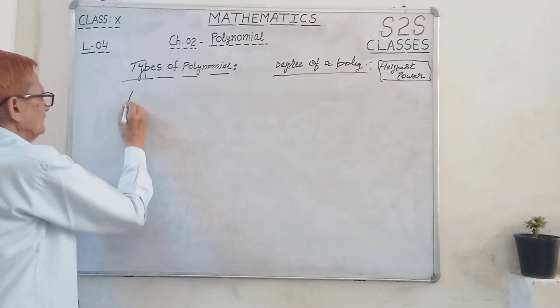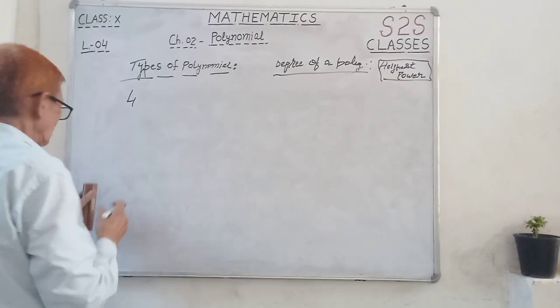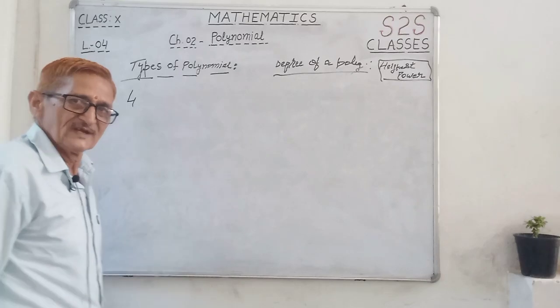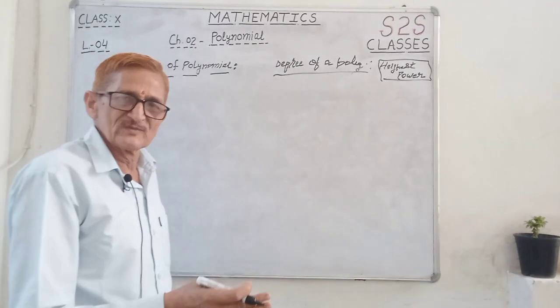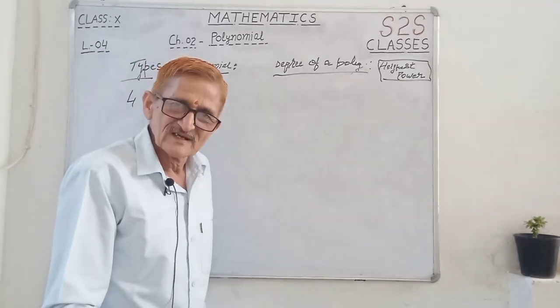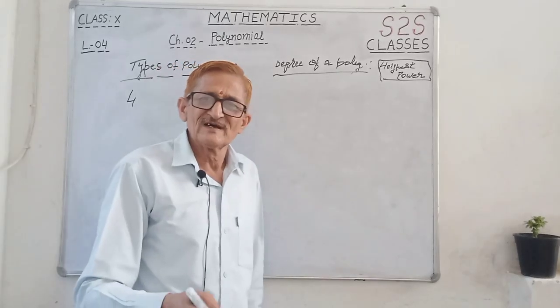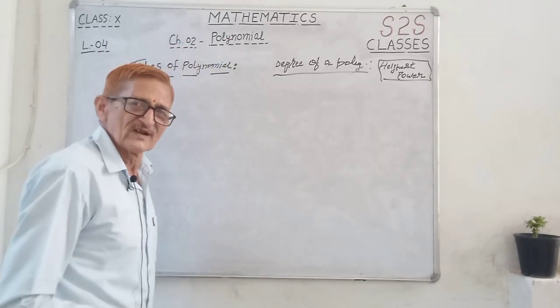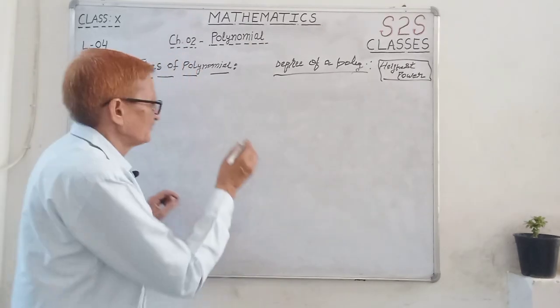number 4. Zero polynomial, after that constant polynomial, after that linear polynomial, then number 4, quadratic polynomial.